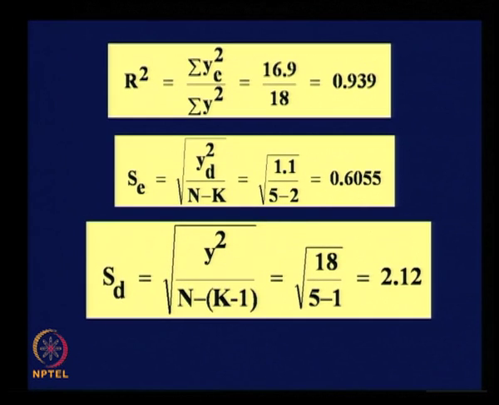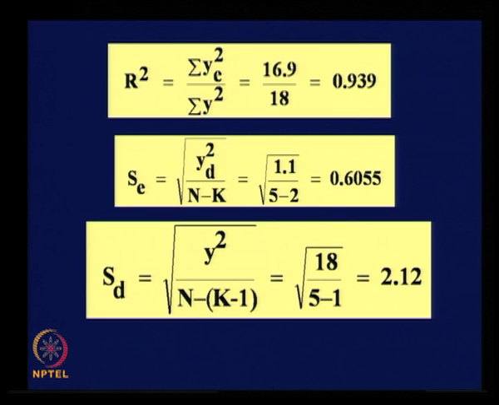And standard deviation is related to the observed value of y, right. That is calculated using the normal formula, again n minus the number of degrees of freedom. In this case the number of statistics required to be calculated to get y squared is only 1.